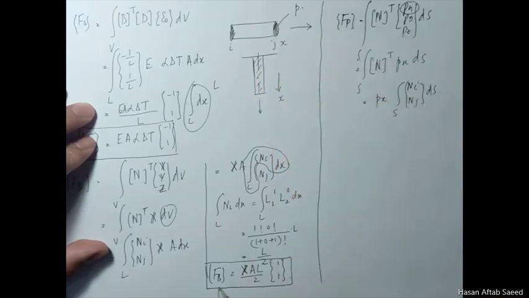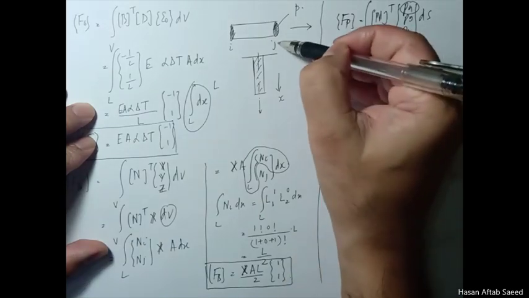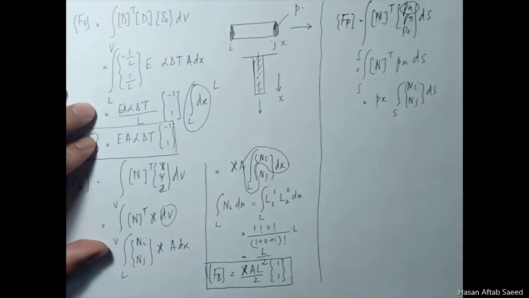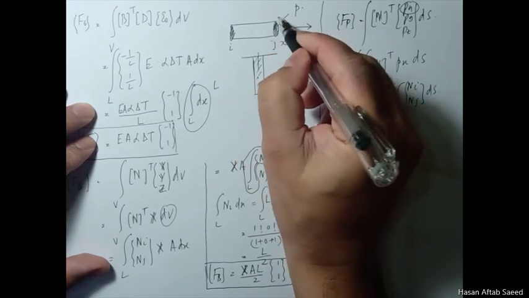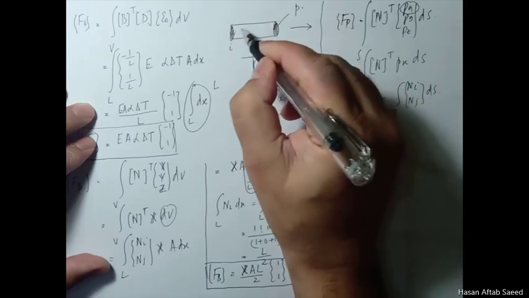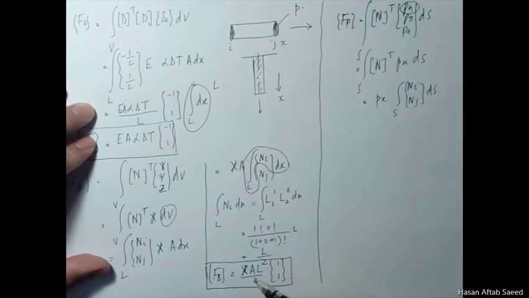And what this vector tells you is, you apply a part of this force on the I node, this part, and the other part on the J node. And if you consider this carefully, this AL is nothing but volume. So this Newton per cubic millimeter multiplied by volume will give you newtons. The total force applied on this body due to the body force on this element, and then half of it is applied to this node and half to this node.